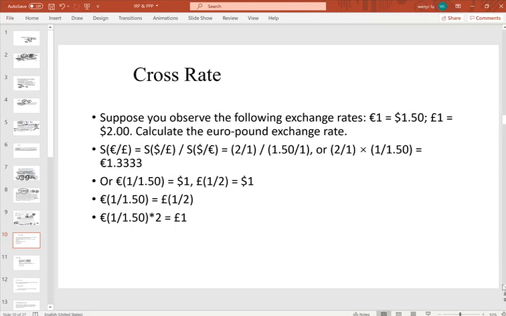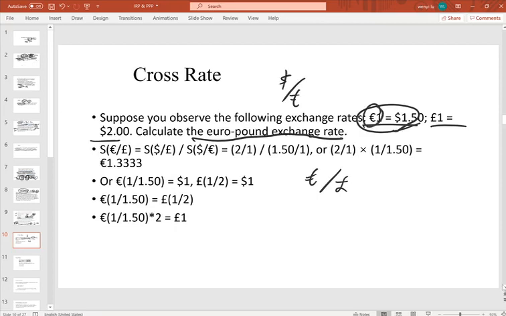So let's see some questions on the cross rate. Suppose you have observed the following exchange rates: €1 equals $1.5, and £1 equals $2. What's the euro-pound exchange rate? The euro to pound exchange rate is based on these two. €1 equals how many dollars?